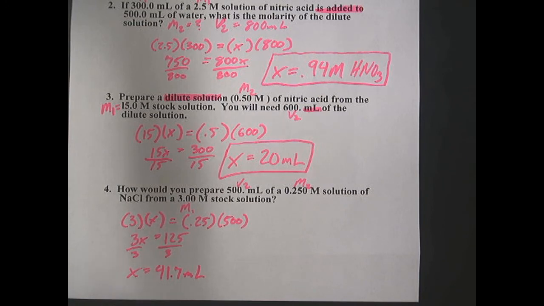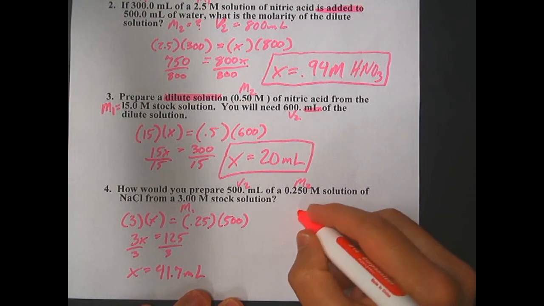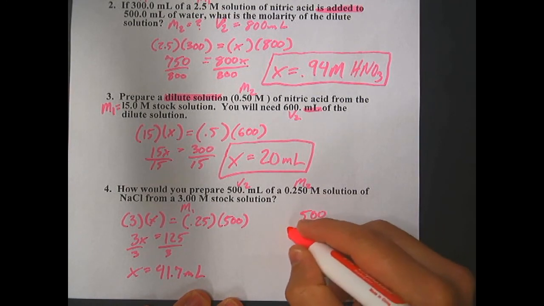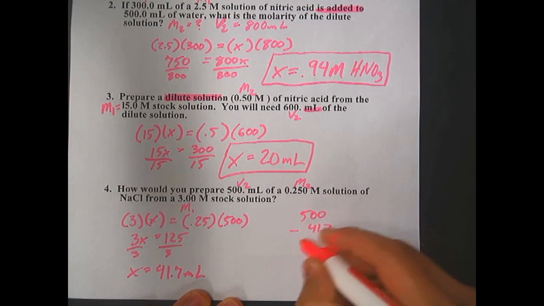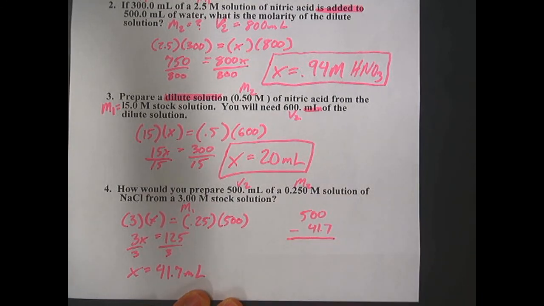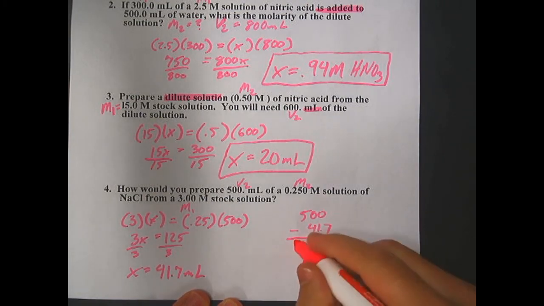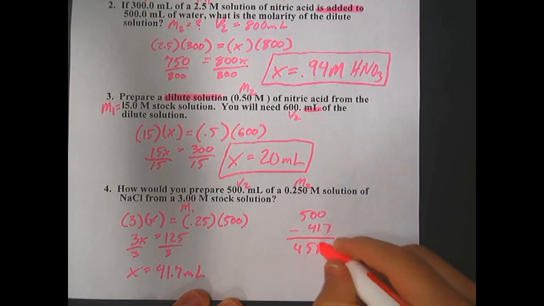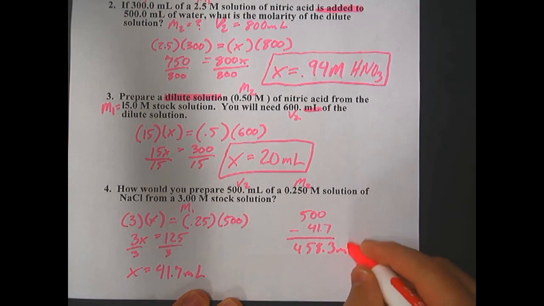All right, so this is not technically our final answer. It says, how would you prepare 500 milliliters? So basically what you want to do is take 500 milliliters, subtract 41.7, and you get 458.3 milliliters.